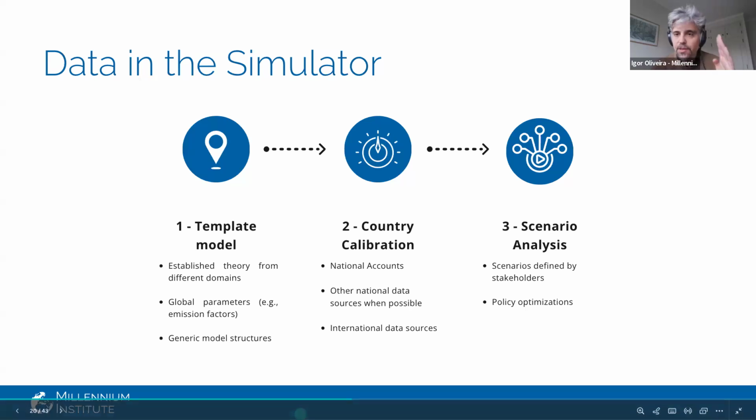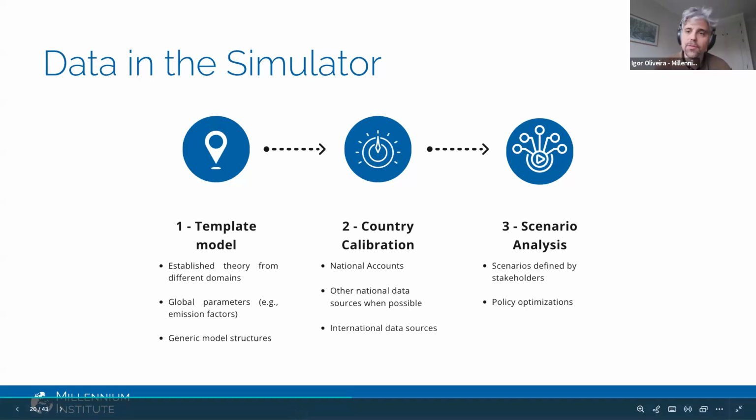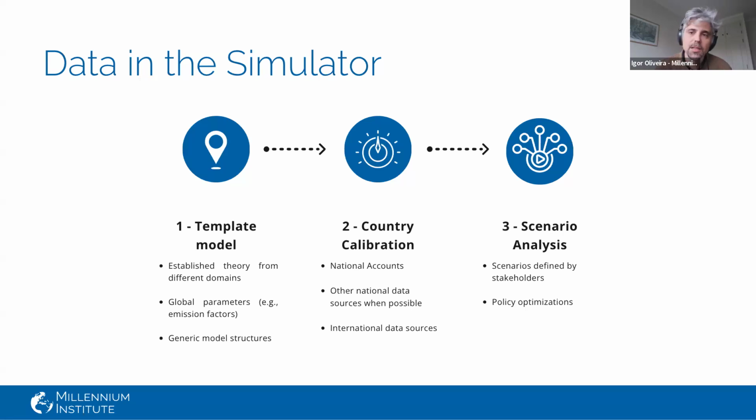So the first use of data in our modeling framework is basically qualitative data, which is theory in different domains, in different bodies of literature, and that we incorporate into our modeling via a model governance, where we try to only incorporate things that are really established in each domain, and mathematical formulations that are also quite established in these domains.